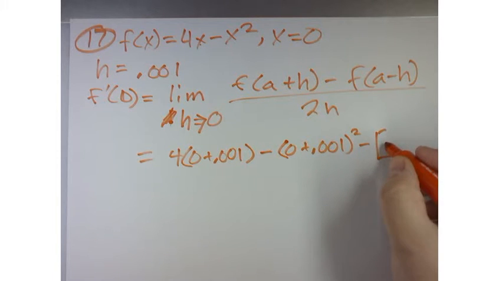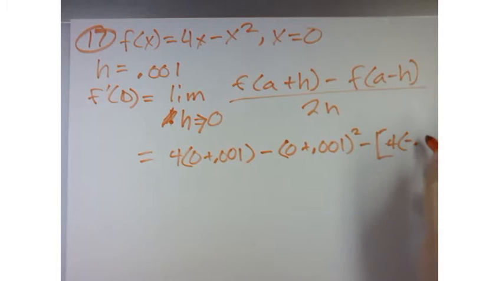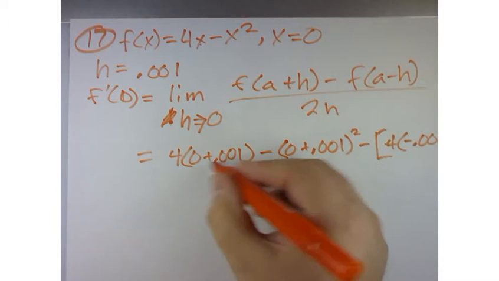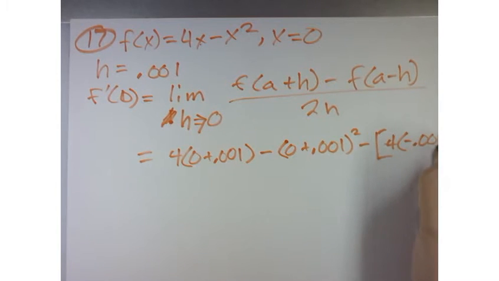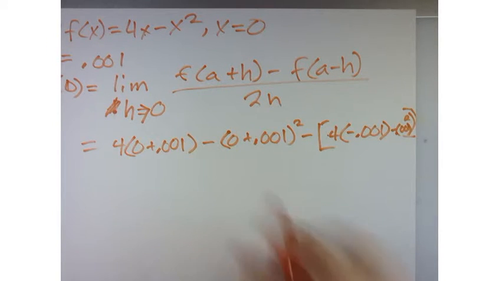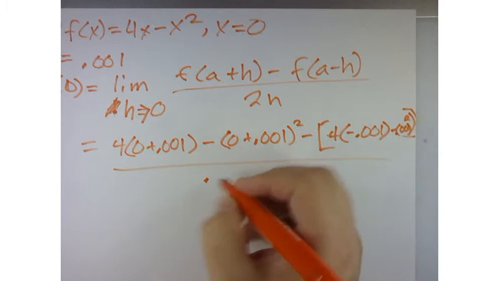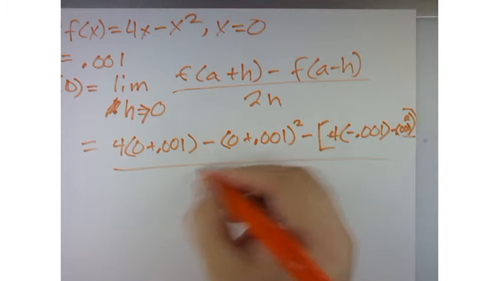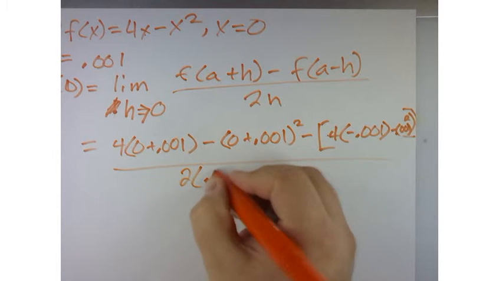So it'd be 4 times negative 0.001, because it's still 0, but now we're subtracting it. And then minus 0.001 squared. I ran out of paper. All over 2 times 0.001.